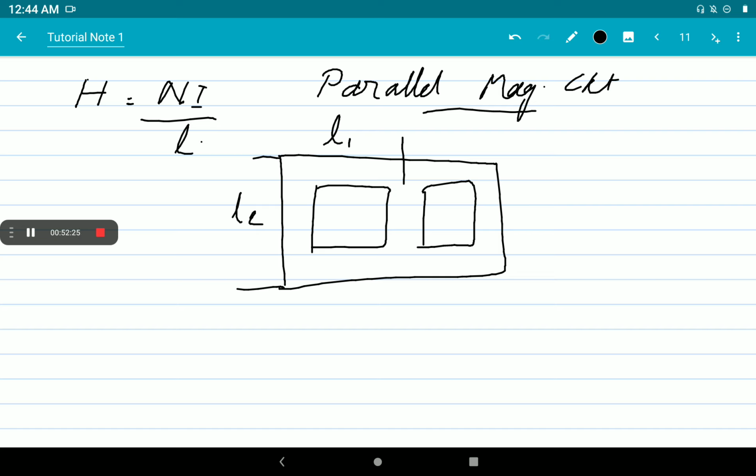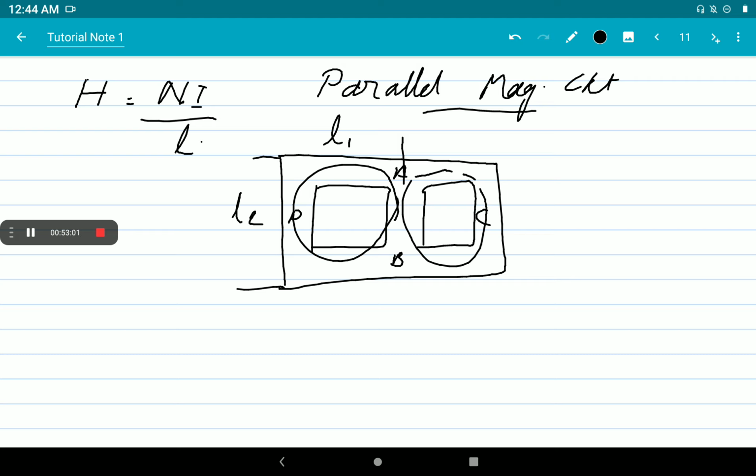Consider points A, B, C and D. ACB is one path and ADB is the other path, and both paths are acted upon by the same MMF.